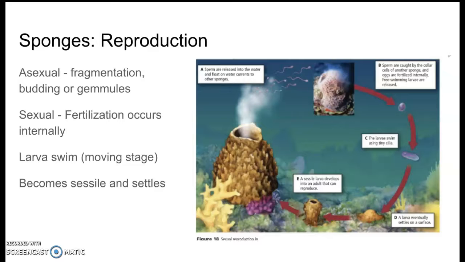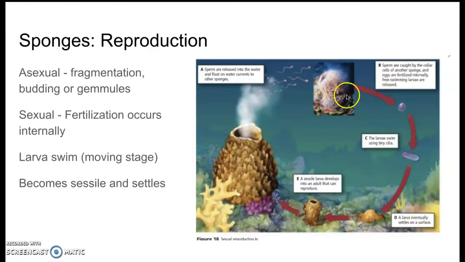The sexual reproduction is interesting. Sperm is released into the environment, as you guys can see over here, and the sperm moves into another, female sponge that has the female cells, the eggs, in here, and then those eggs get fertilized by the sperm that got released.